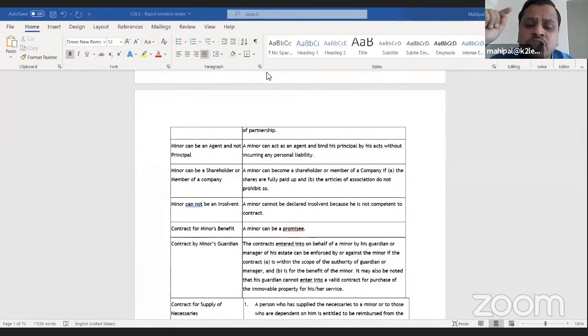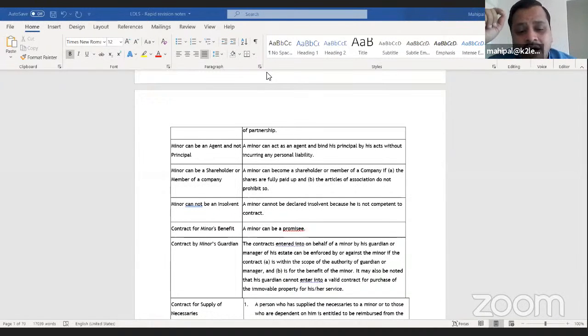A minor can be a shareholder, but the rule is very, very clear. It should be fully paid up, and the articles of association should not prohibit a minor from becoming a shareholder. If that prohibits, then a minor cannot be a shareholder. He can be a nominee of a shareholder. A minor cannot be declared as insolvent.